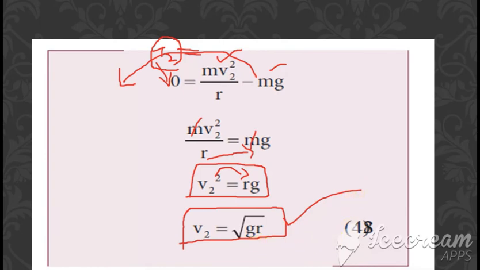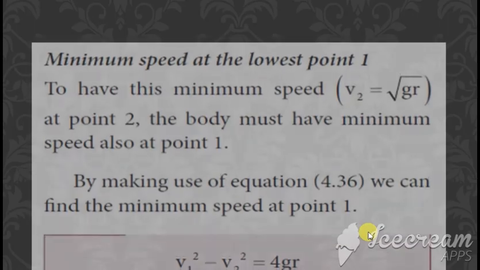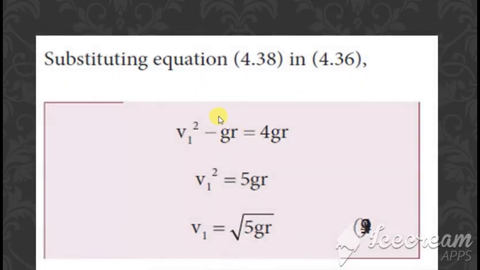Next, we have to get the value of v1. For this, substitute the value of v2 in the equation v1 square minus v2 square is equal to 4gR. What is the value of v2 square? It is gR. Now bring this gR to this side, and that becomes plus.